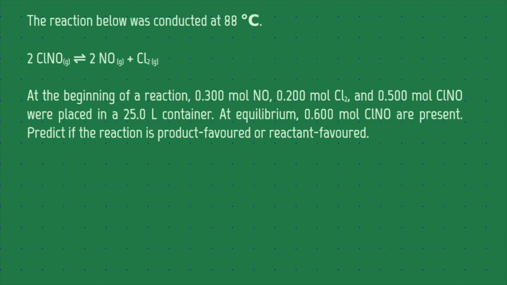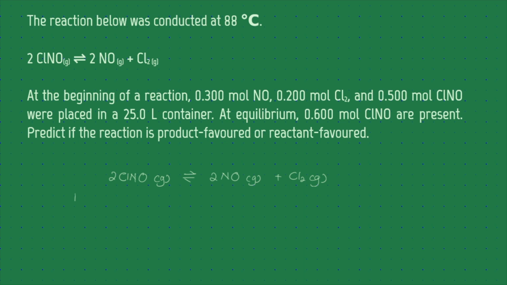Alright, now we are at the 8th question, which is the final question for this week's discussion video. So this is actually the continuation from the previous questions, and the question asks you to predict if the reaction is actually product favored or reactant favored.